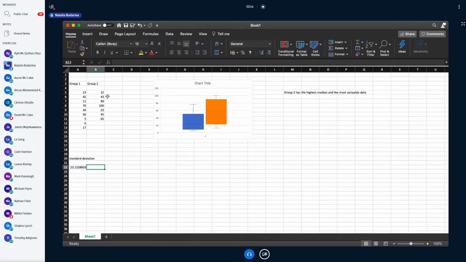And for the second group, again the same. Use the function STDEV.P and color your group, and this is the value. Standard deviation is exactly what we did before the break today.